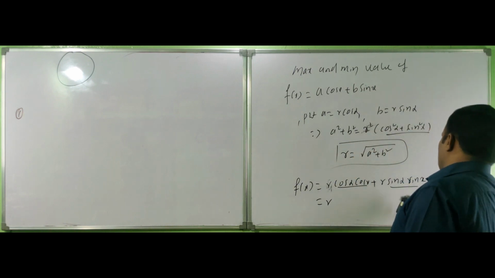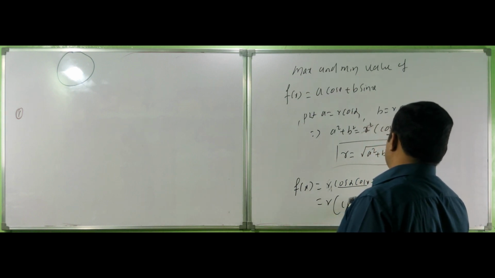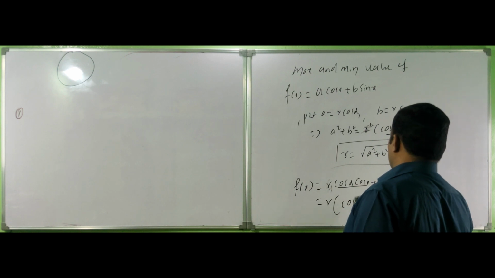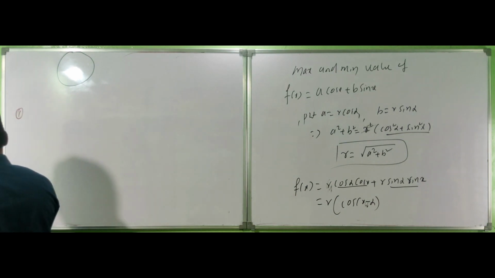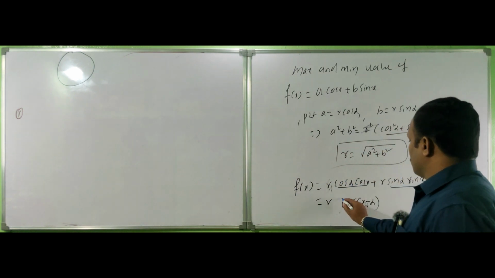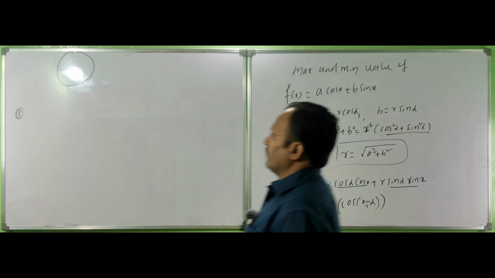So cos alpha cos x plus sin alpha sin x is equal to cos of x minus alpha. This you already know.